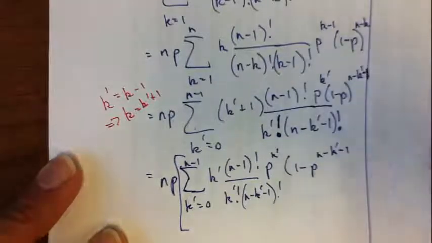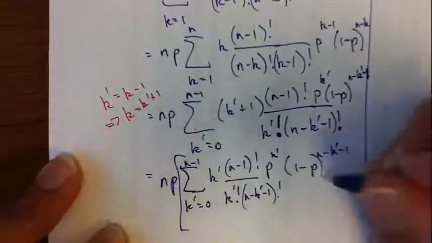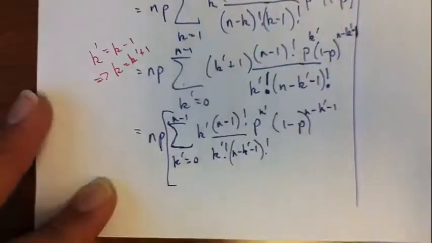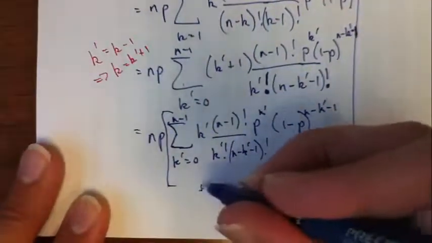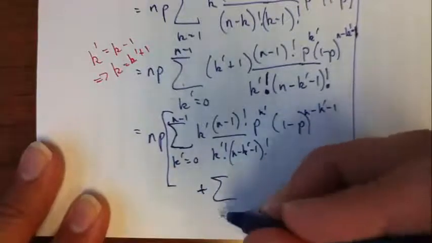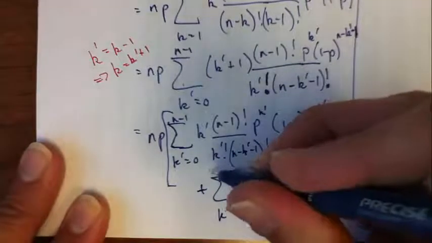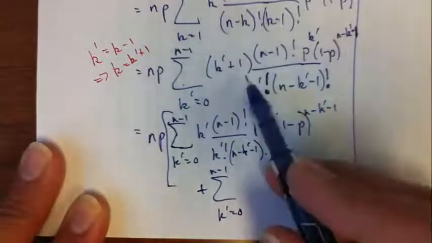How many primes on my k's? Right. And then plus, I got that sum k prime goes from 0 to n minus 1, just 1 times all that stuff, right?